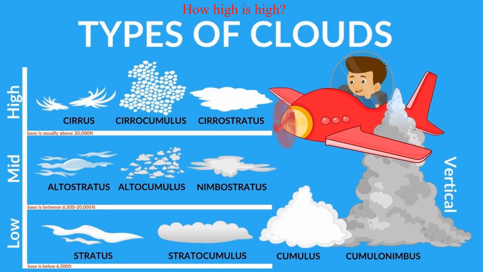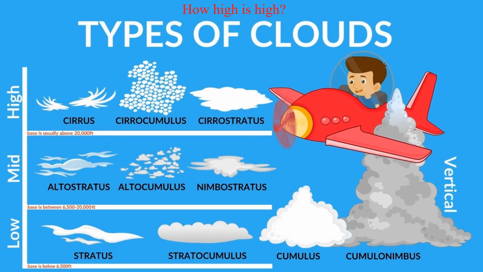So these types of cloud can be classified according to how high. How high is high? So we have low clouds, middle clouds, or high clouds. Base is below 6,500 feet, right?